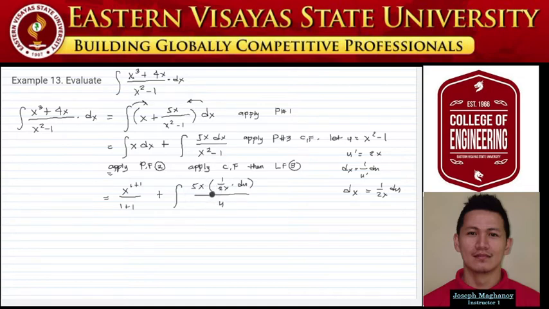So let's cancel our x and then carry out our constant 5/2, the integral of du over u. And for the first term, we have x squared over 2.